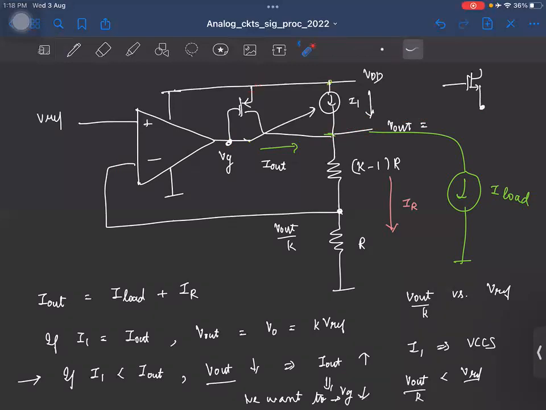So what other change can you do? See what I want. If this voltage reduces, I want to reduce this voltage. Now it is increasing because this is negative and this is positive, right? So I can simply swap the signs. Okay.